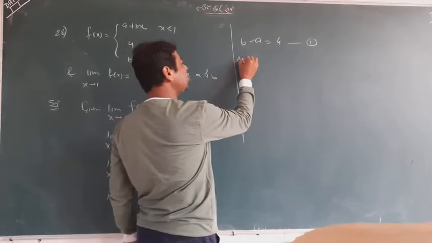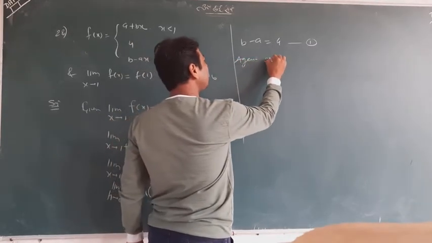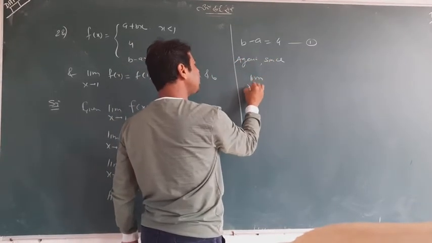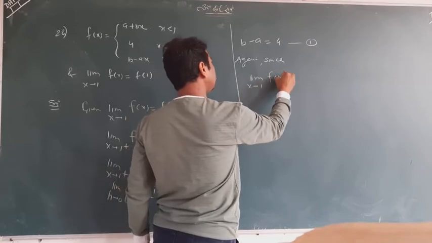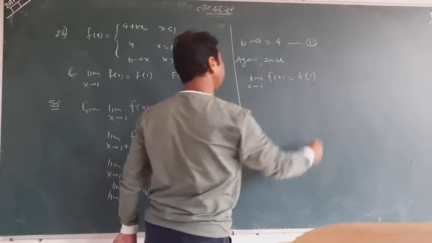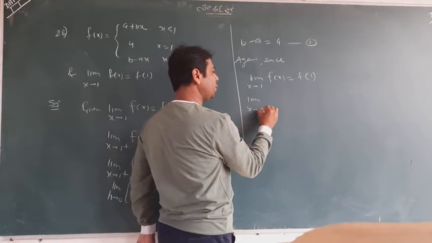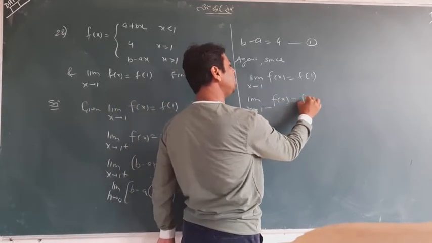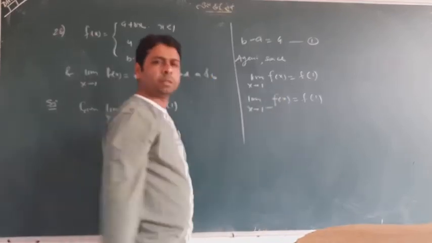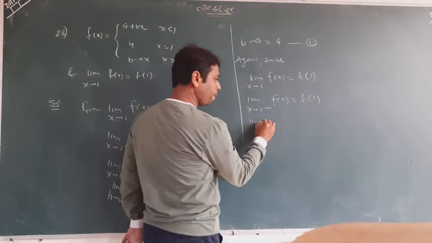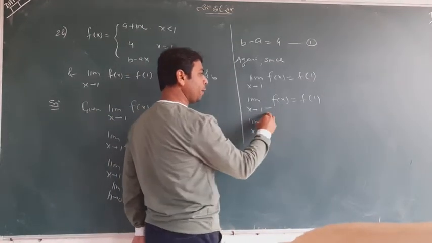Again the same strategy we will adopt. Since limit x tends to 1 of the function is equal to f of 1, as given, I will take x tends to 1 minus, because I am not changing the function, it can be written. So what is the function for 1 minus?